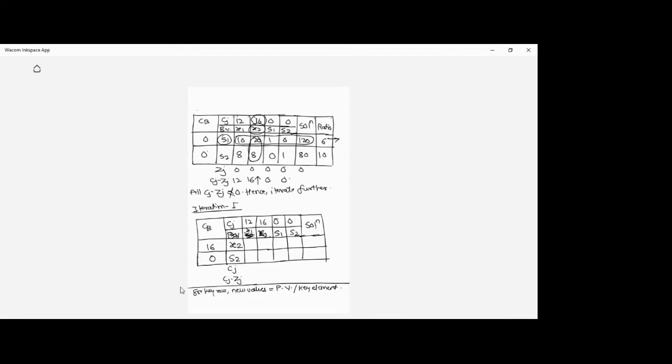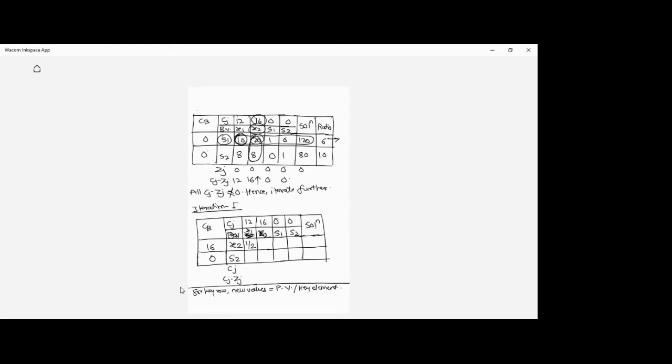PV stands for the previous values. So if you see here, we have the value 10, right? So here you can see this value is 10 in our key row. So 10 divided by what is the key element? It is 20. So 10 divided by 20 will be 1 by 2. So we'll be writing it as 1 by 2. It is expected that you do not write decimal values in your simplex table as coefficients, so always write them in fraction format.